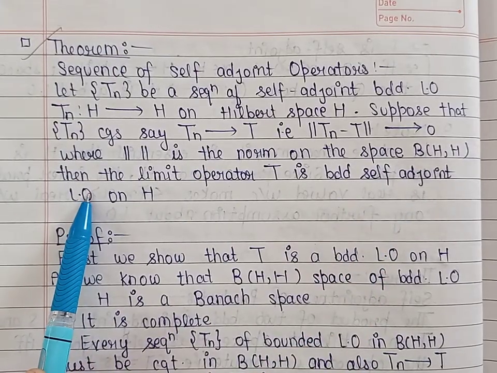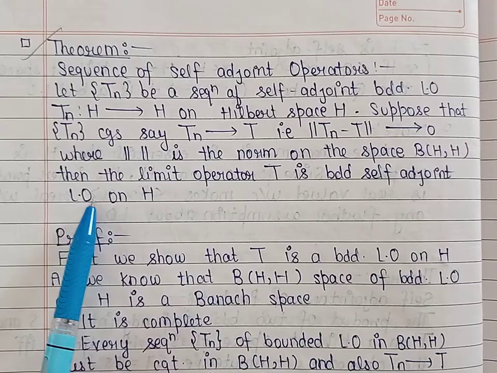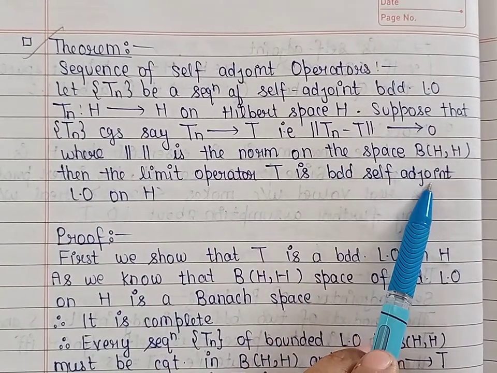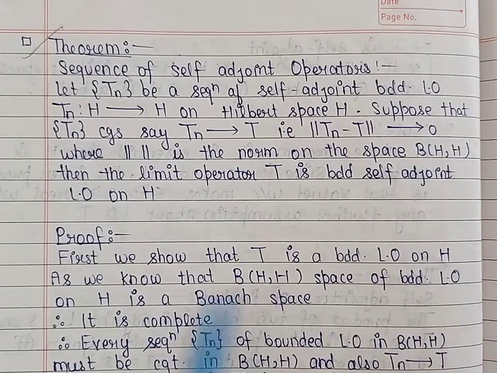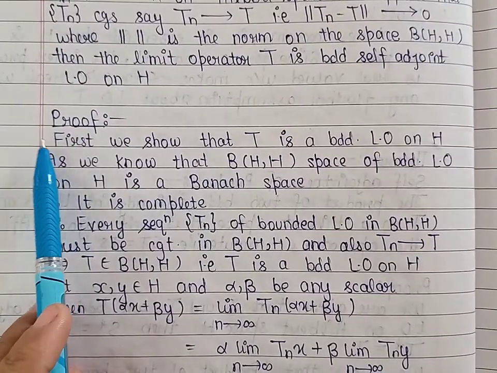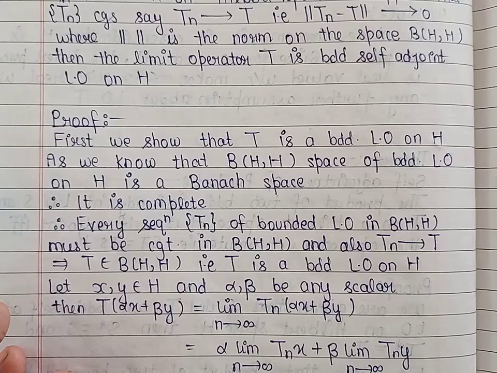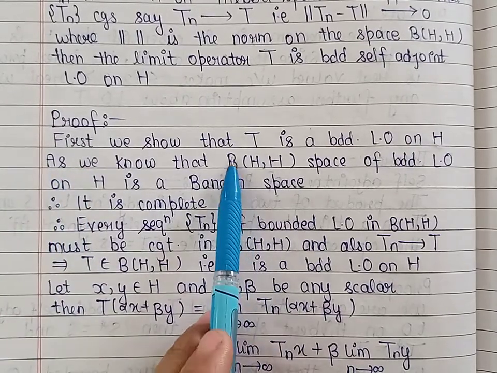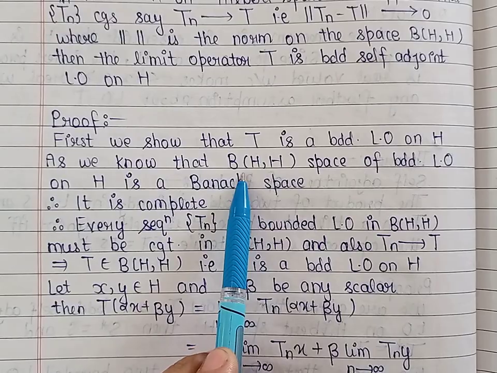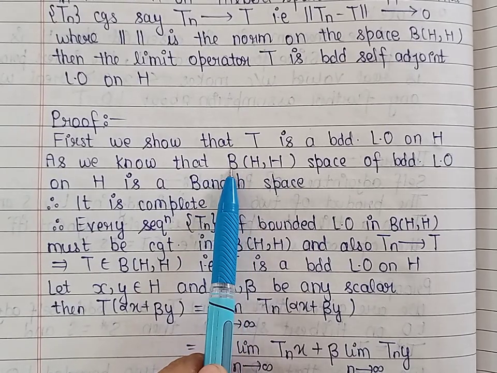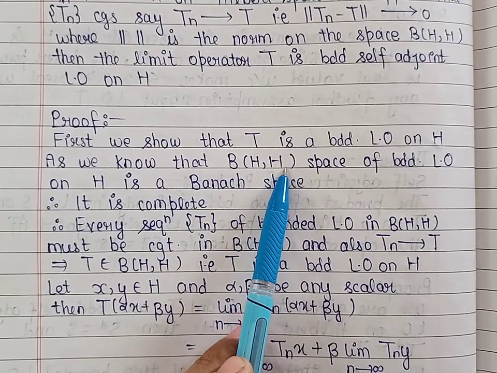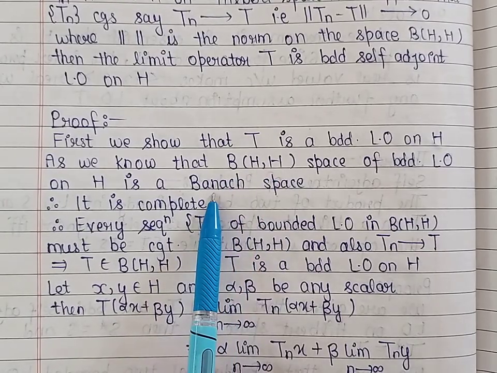So this theorem is divided into three parts. We will prove that T is linear, T is bounded, and T is self-adjoint. Our first part is to prove that T is a linear operator. To prove this, this is the space of all the bounded linear operators, and this space is a complete normed space, which is also called a Banach space.